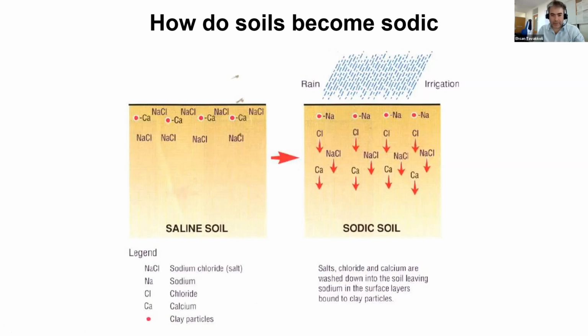And when that soil is leached by rain or irrigation over a number of decades, some component of that salt can leach down into the deeper soil profile. But in the sodic soil, the sodium can remain within the clay aggregate. In the next couple of slides, I'll explain this in more detail.